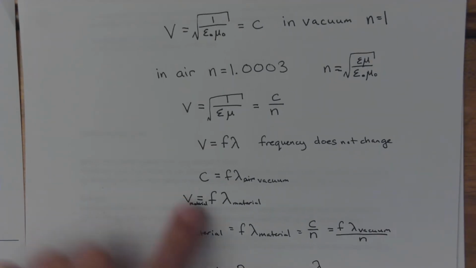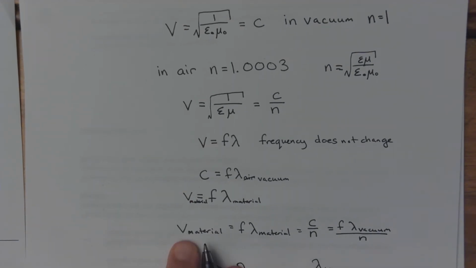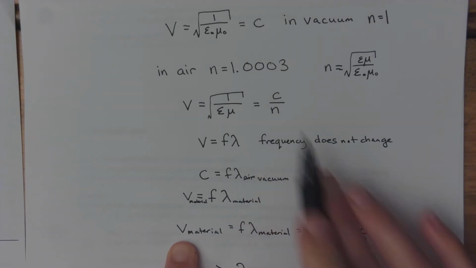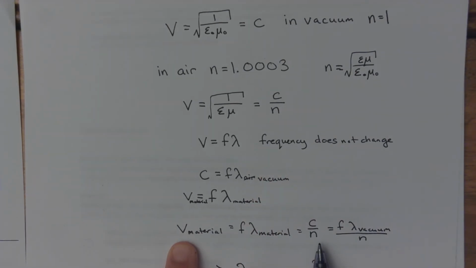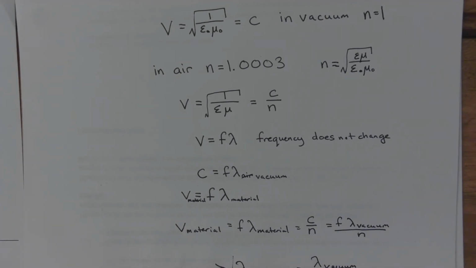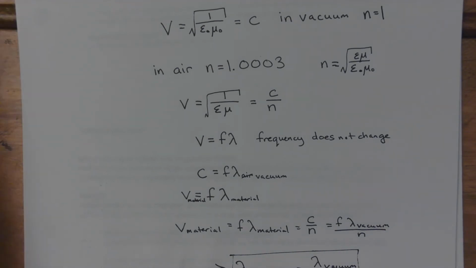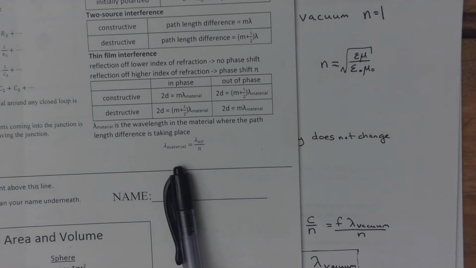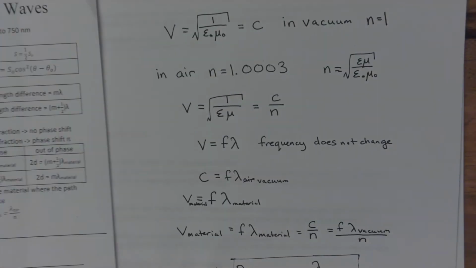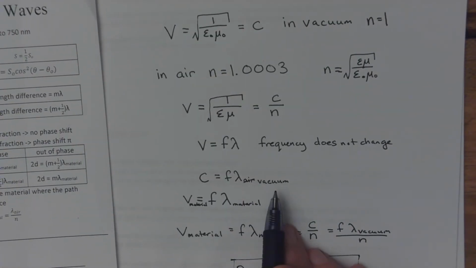So I could take this equation and say the speed of light in a material is equal to c divided by the index of refraction for that material. If I take this equation and divide it by the index of refraction, and then I say f is the same on both sides of the equation, then we get this equation, which is almost the same as what I have on the equation sheet, except there I called it the wavelength for air, but it's really vacuum.